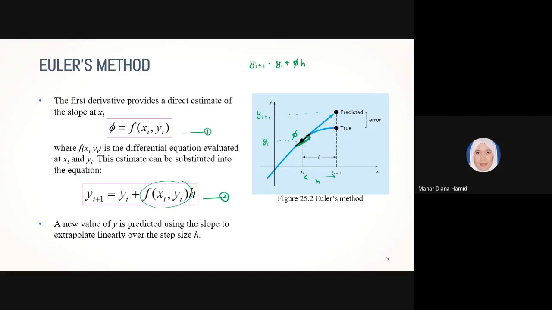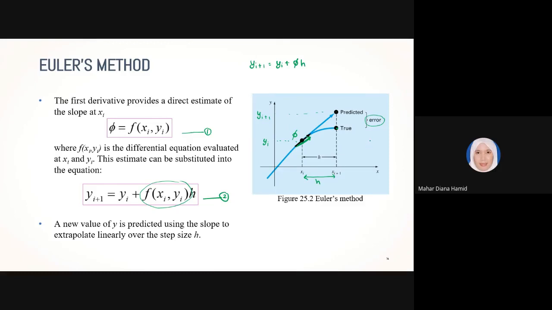As you can see, if we integrate it analytically, this would be the true value. However, if we try to extrapolate the value using Euler's equation, we will have an error here. This would be the error.